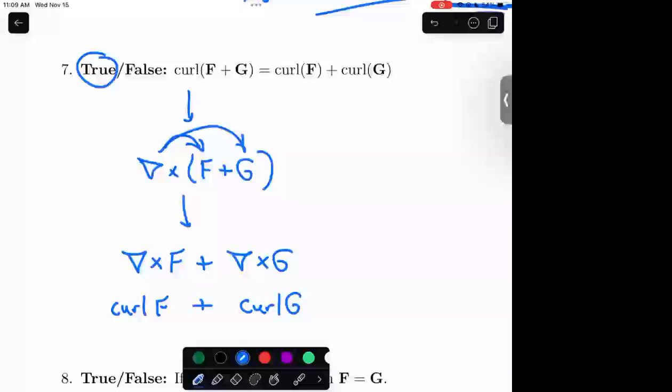You're allowed to take the derivative of one thing, then take the derivative of the other thing, and then add the results. So because curl is basically derivatives, this is going to behave very nicely. In the same way that if this, instead of curl, said div, that's also true, right? Div, divergence, is essentially a lot of derivatives. Or, right, you could also make this argument, but with a dot product.